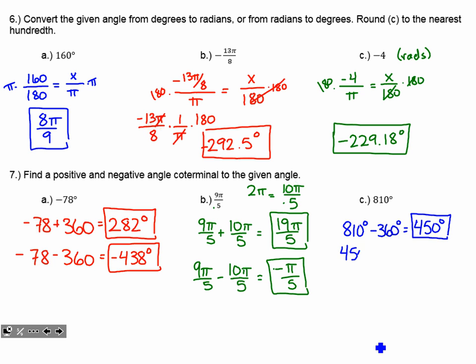And if I take 450, take away another full circle, that's 90 degrees. It's another positive coterminal angle, so that could be a possible answer, but I haven't gotten a negative one yet. So I take that 90 degrees and I subtract 360, and I get negative 270 degrees. Now I've got a negative angle that's coterminal with what I began with.